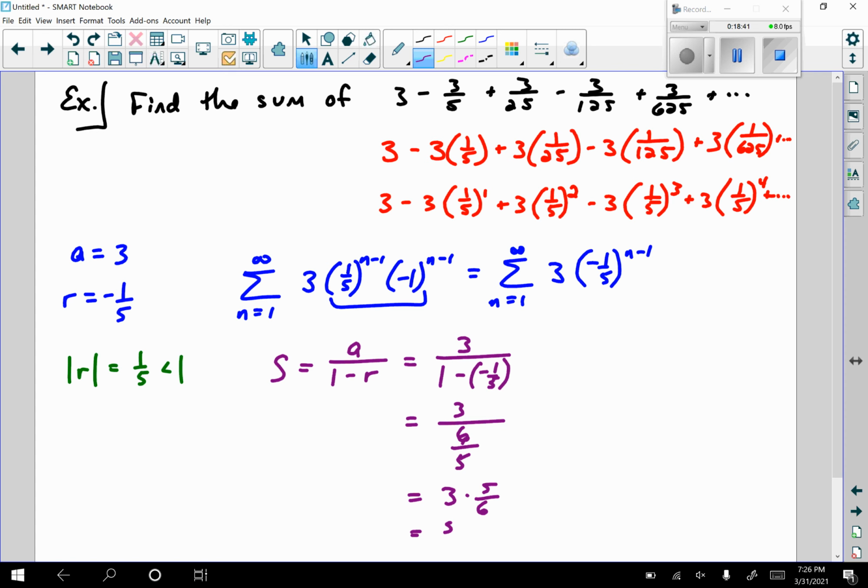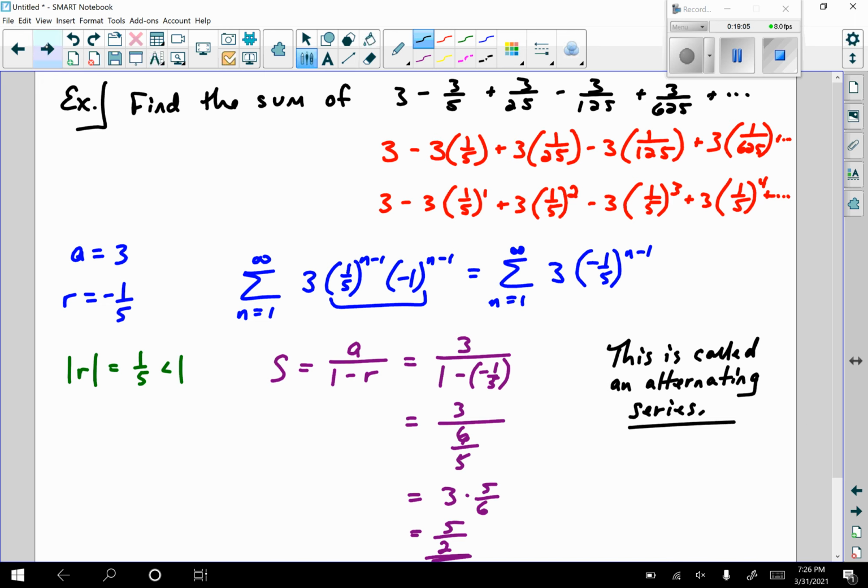So we get 5 over 2, 5/2. And again, this is called an alternating series. Alternating because of the signs.